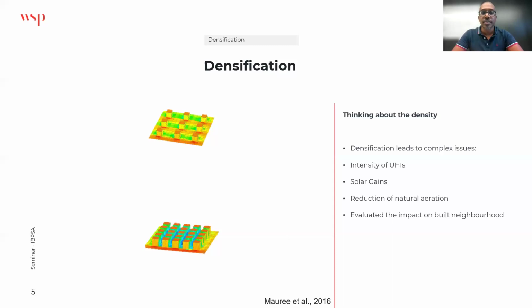So in this study we evaluated two different scenarios. We just looked at a very simplified one, of course, but the idea was to understand until when we can use this type of coupling and how we can use it to make informed decisions.